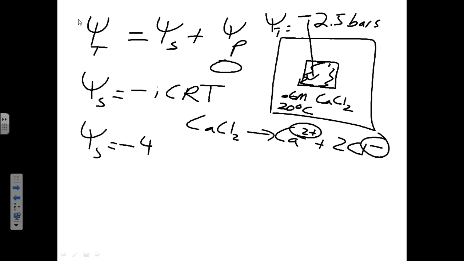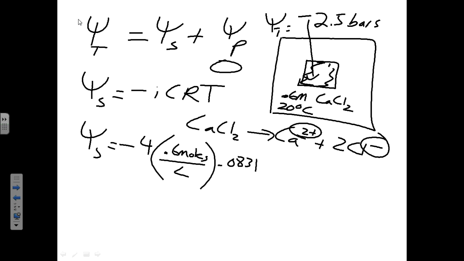The C is the concentration, so that's the 0.6. And remember that big M, molarity, actually stands for what? Moles per liter. Moles of solute per liter of solution. All right, the constant. Anybody remember what the constant is? Yep, 0.0831.